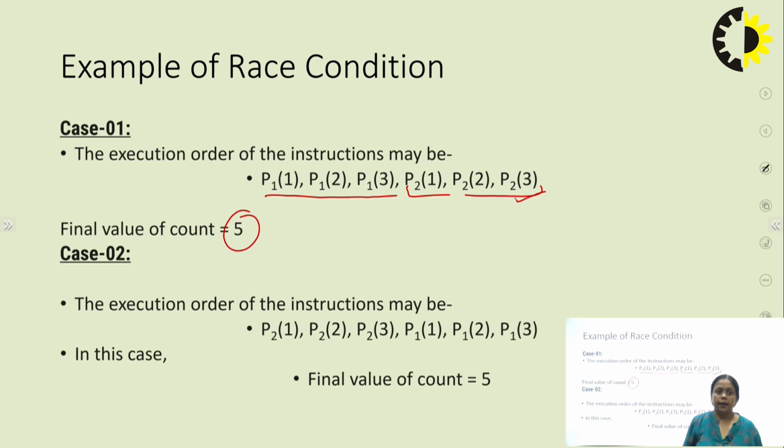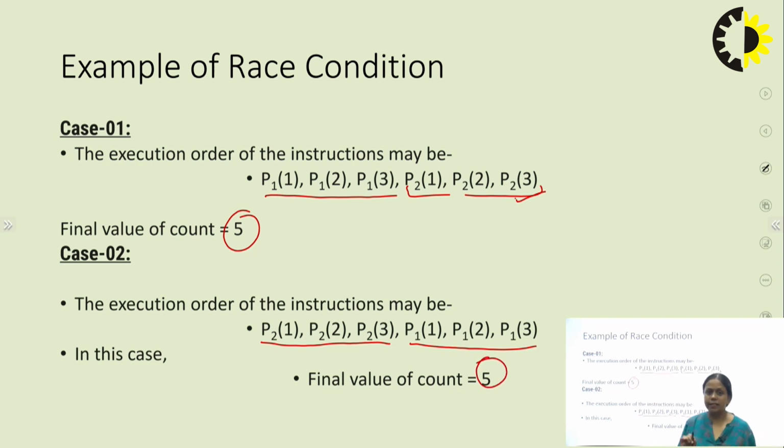In this case both processes are running sequentially. And in another case, when the P2 process executes first and then the P1 process executes, the final value will be 5 here.